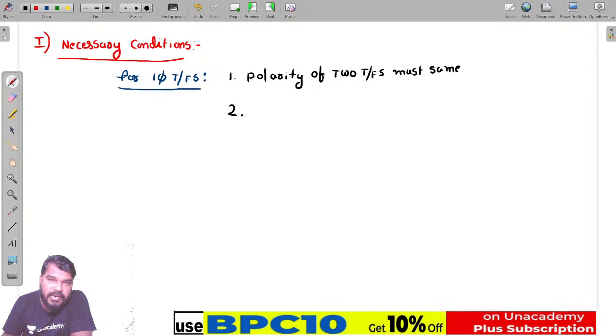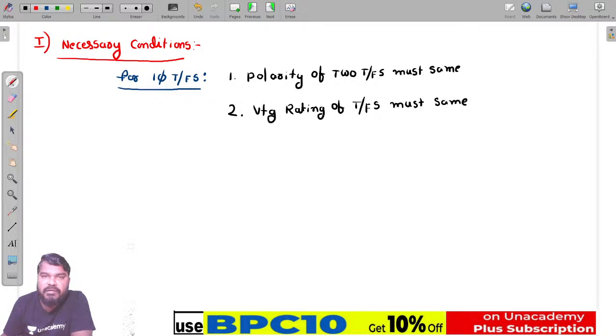The second condition for single phase is that the voltage rating of the two transformers must be the same. That is a necessary condition.